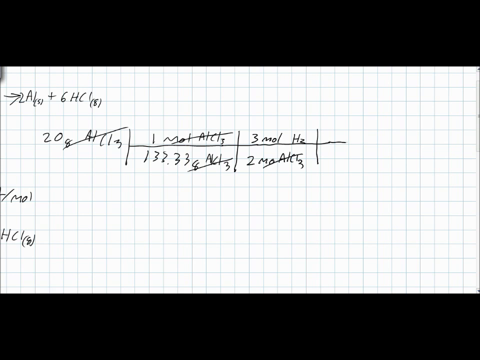We need to get to liters to make that comparison. And so what we're simply going to do is multiply by 22.4 liters per 1 mole of H2 gas. Now if you'll notice, the moles of H2 gas cancel out.